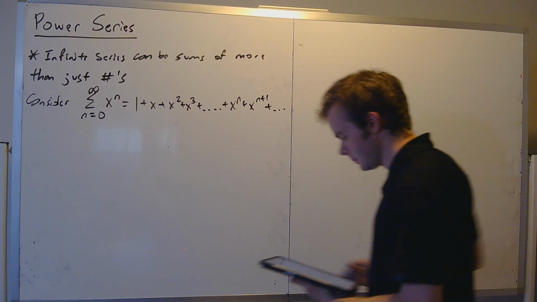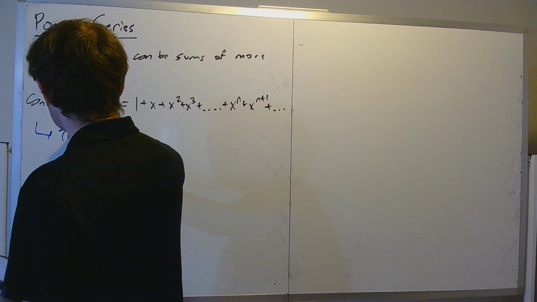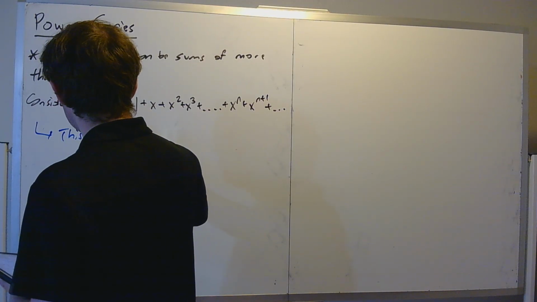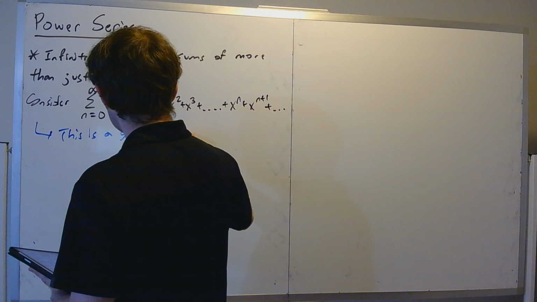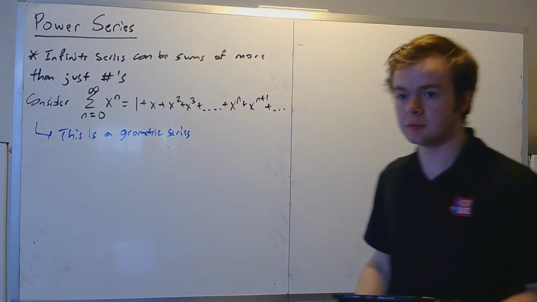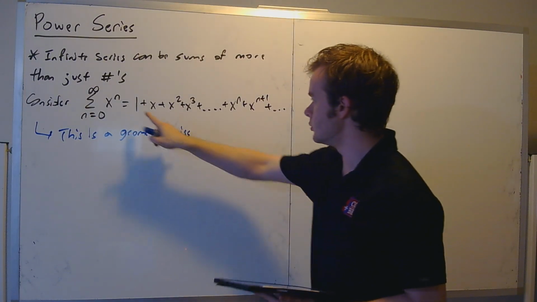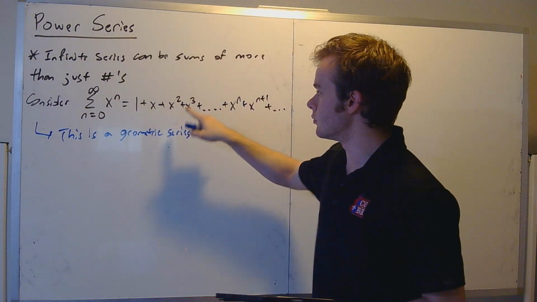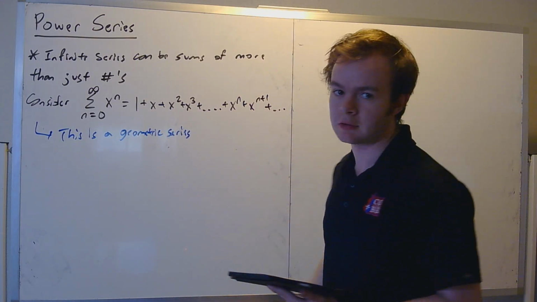So I'll say here, this is a geometric series, and I'd encourage you to pause here and think about what a and r should be. So a is the first term, and what are you multiplying each term by to get to the next term?